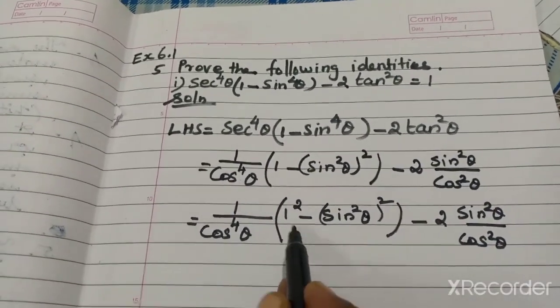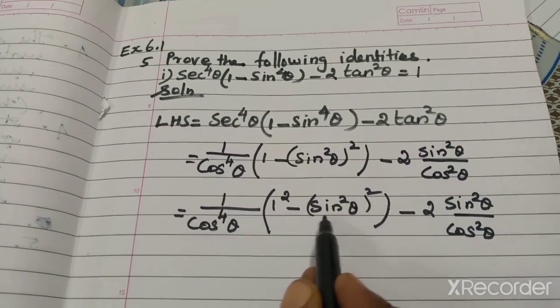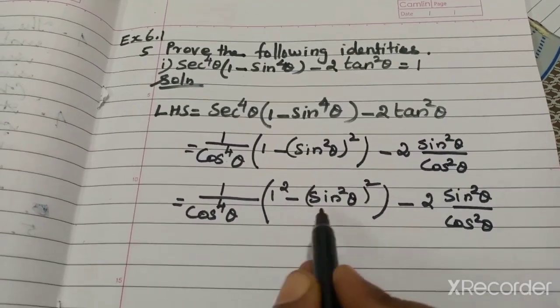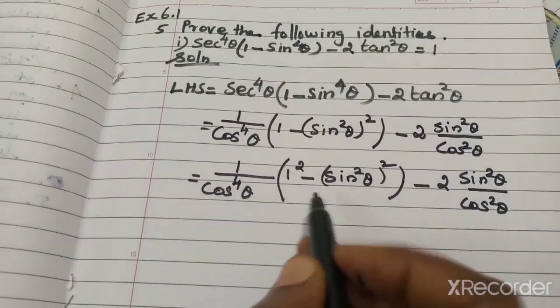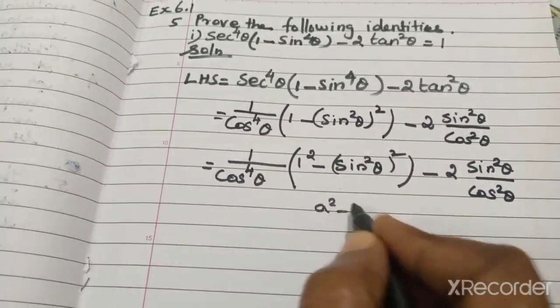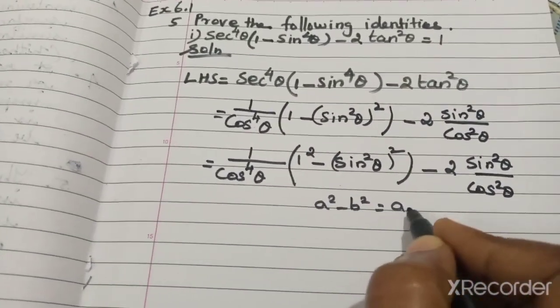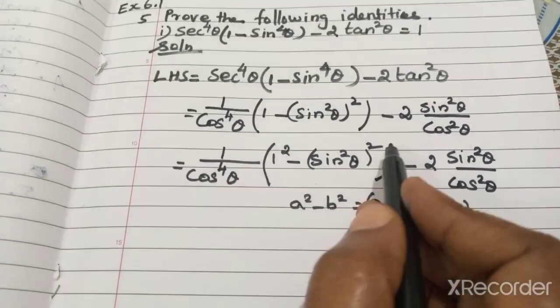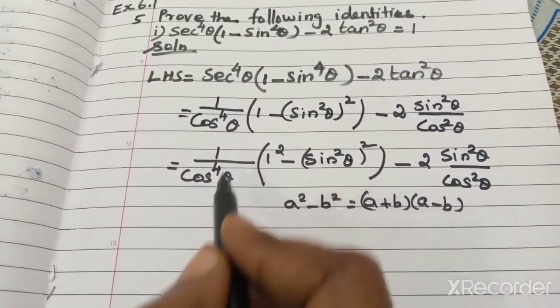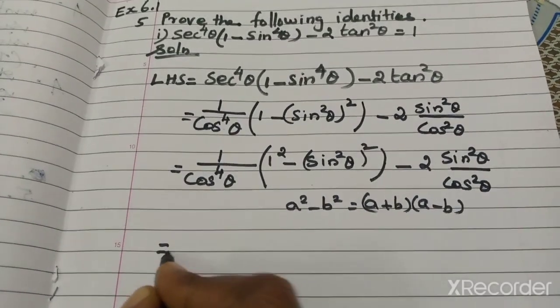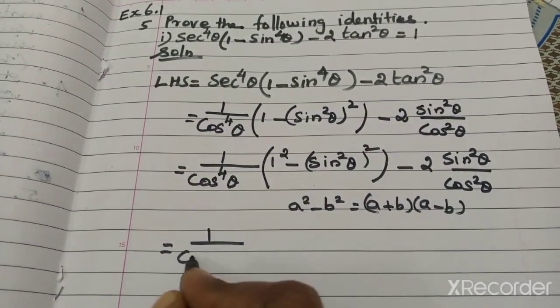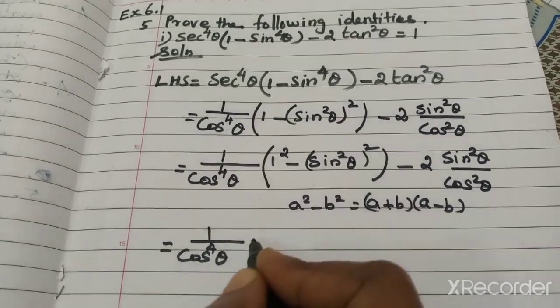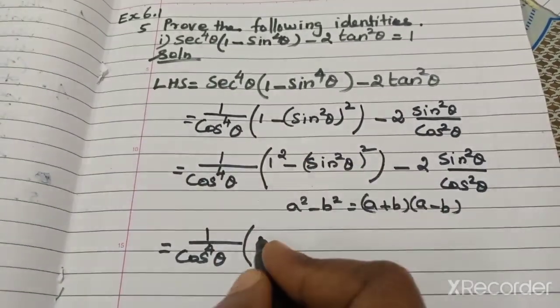Now it is in the form of a square minus b square. Here a is equal to 1, b is equal to sine square theta. A square minus b square equals a plus b into a minus b. This form we are going to use for this term alone. Remaining as it is, which is equal to 1 by cos power 4 theta into 1 square is 1.